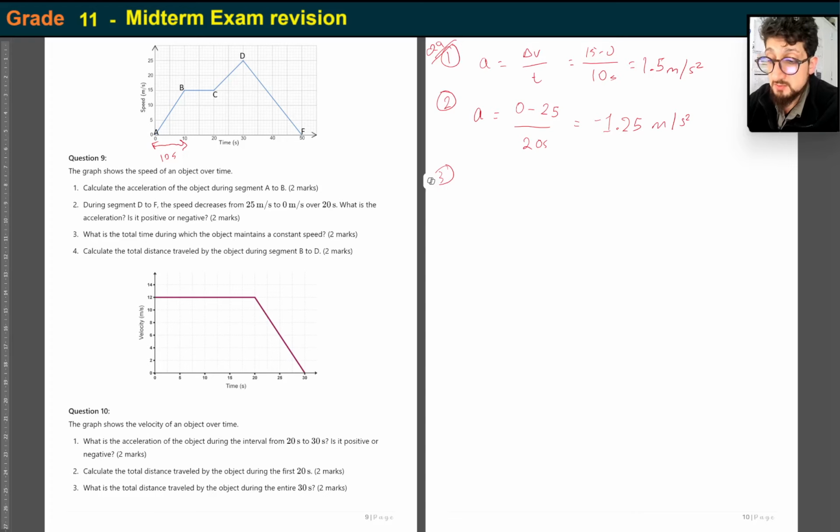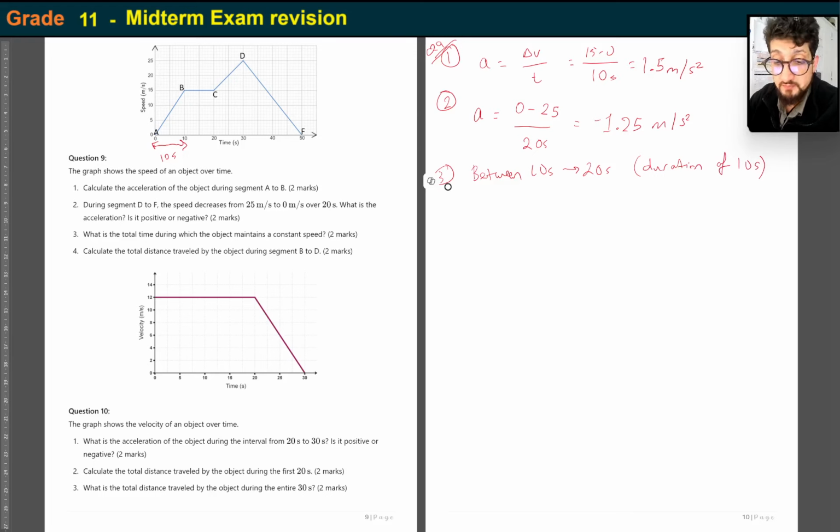So the time is between 10 seconds and 20 seconds. So a duration of 10 seconds. A total time of 10 seconds between 10 and 20 seconds.